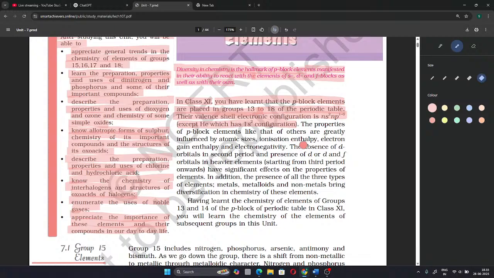Even though helium has a 1s2 configuration, it is a noble gas and is placed in the 18th group.